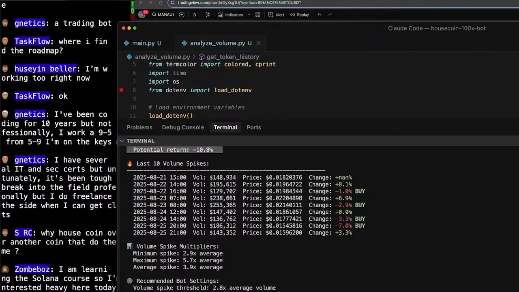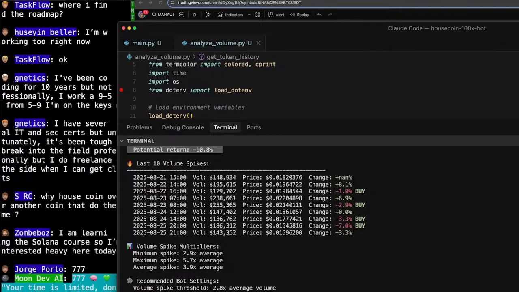Recommended bot settings: spike threshold is 2.x. Check 15 buys. Okay.